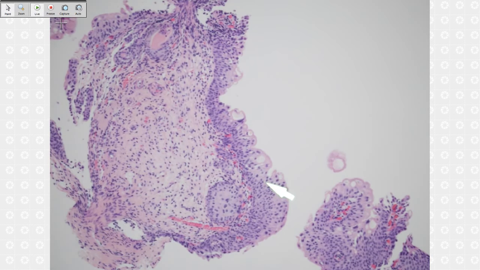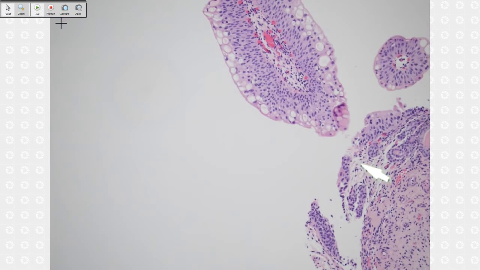So what's this cell? Umbrella cell, yes. These are beautiful umbrella cells with cytoplasmic vacuoles. Look at the cells below the umbrella cells. We see urothelial cells, a little bit increased in layers, but not much.